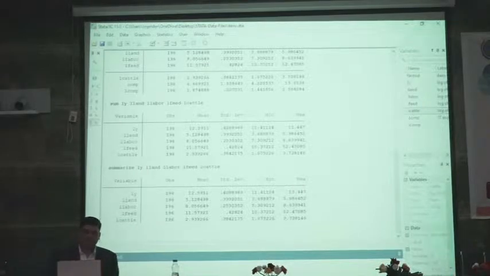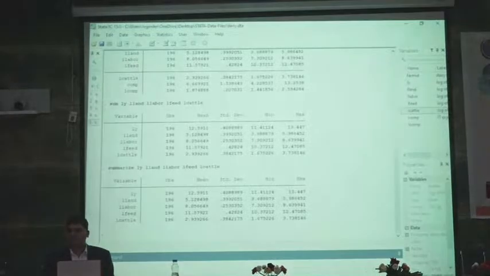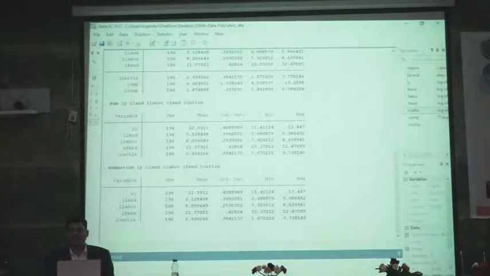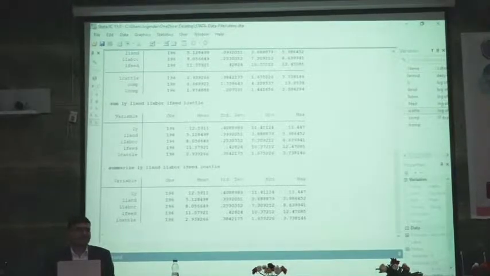And one more thing we have done, that is regression. So the command was regress. Regress, and the second step is to list the variables. Okay.